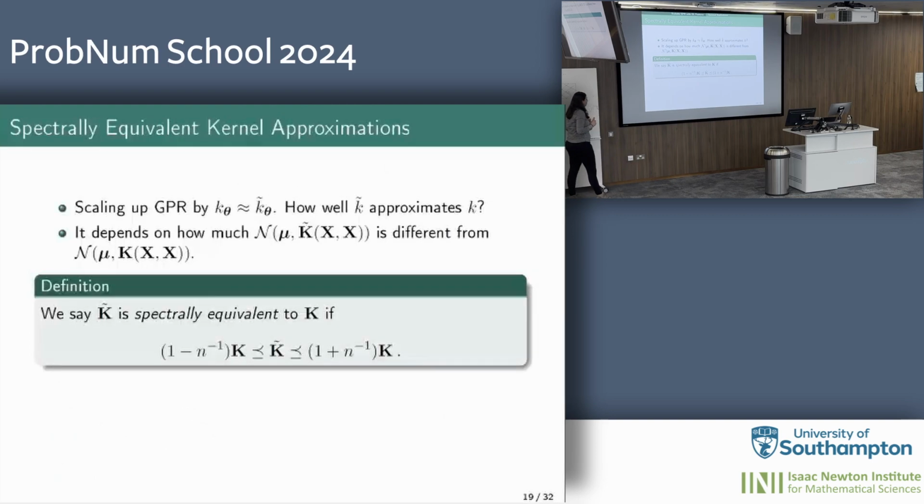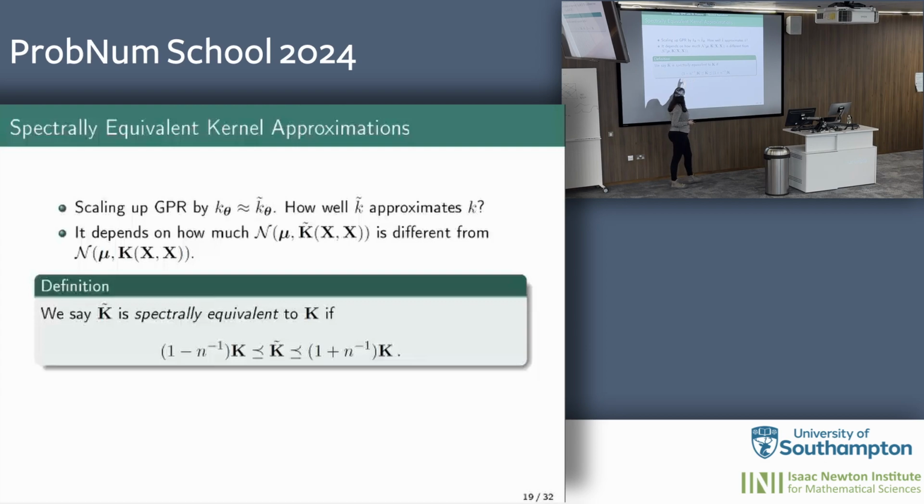Now what I want to do is connect everything to approximating the kernel matrix. We have a really nice definition of spectral equivalence that says, for example, that K tilde is the approximate kernel matrix for K. Of course, it can be anything here.